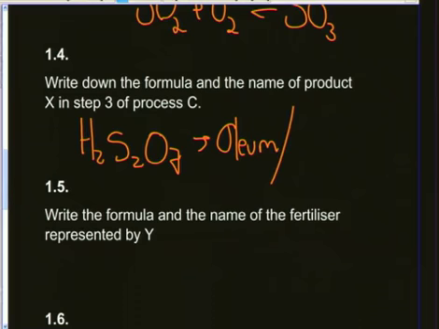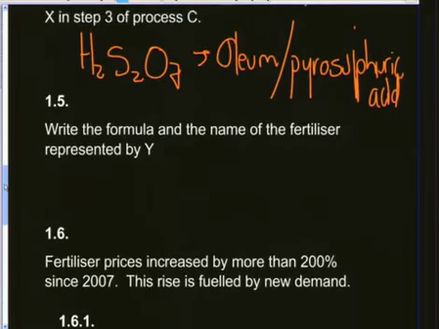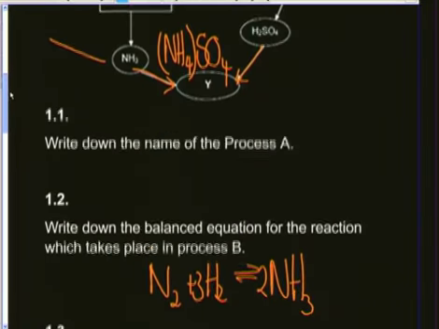Okay, I have no idea where they get these names from. I'm just saying. Or we can call it pyrosulfuric acid. Okay, and it's also sometimes known as fuming sulfuric acid, okay? Hopefully we're okay. Then it says write the formula and the name of the fertilizer represented by Y.